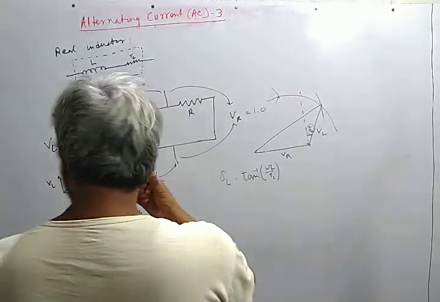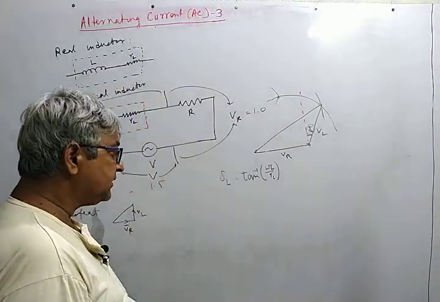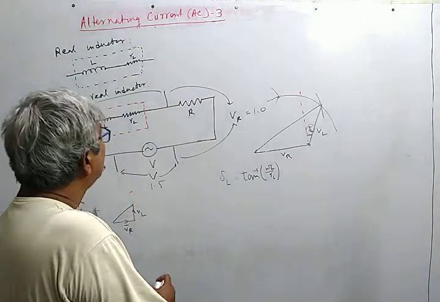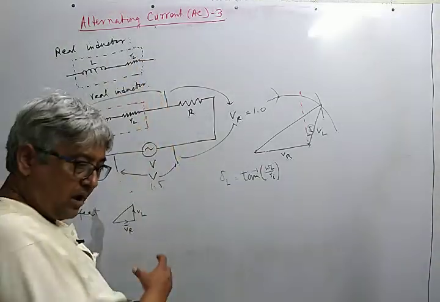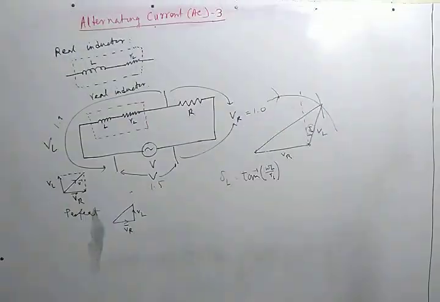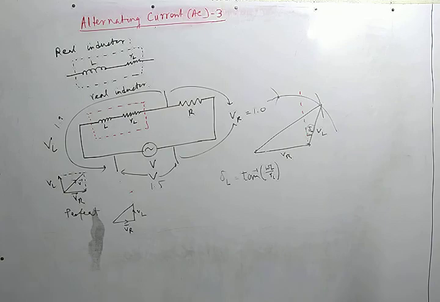This loss angle is a measure of the energy that is being dissipated across the small resistance of the inductor. In the next class, we shall consider the ACCR circuits.